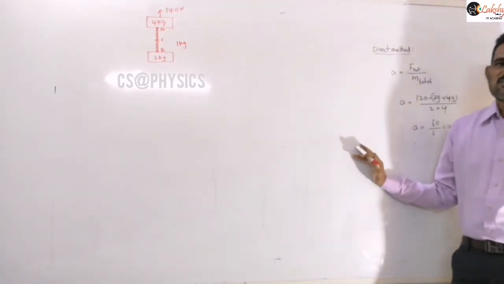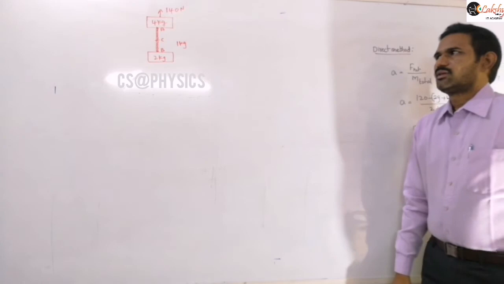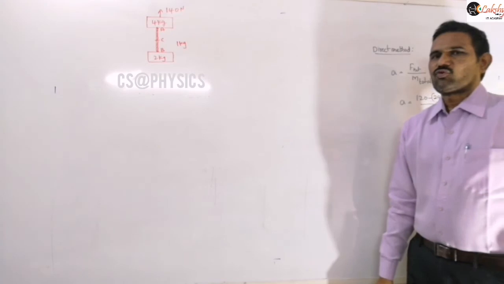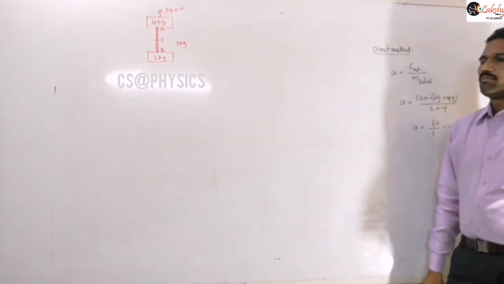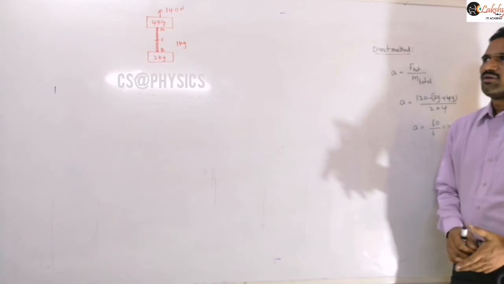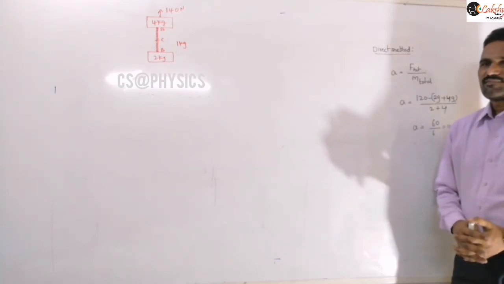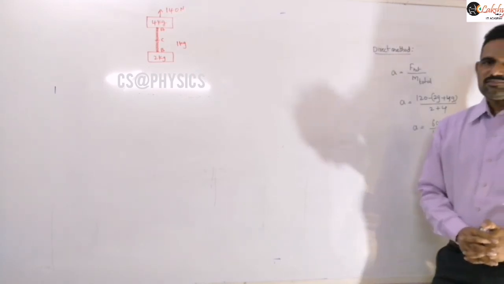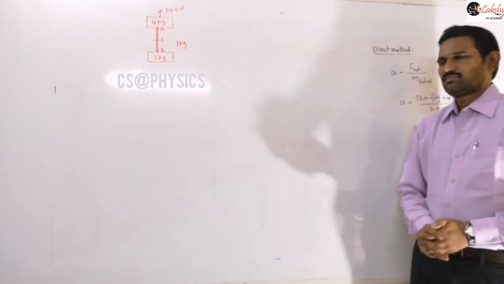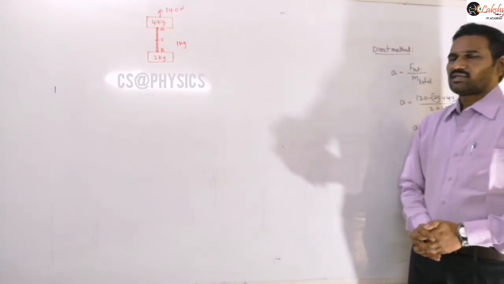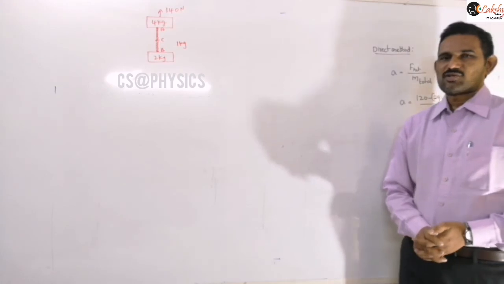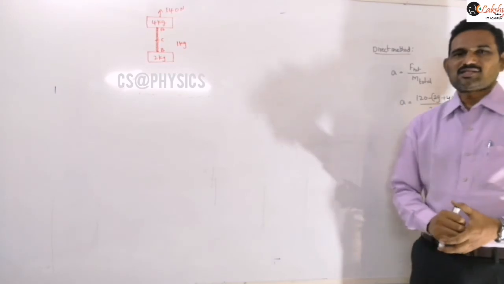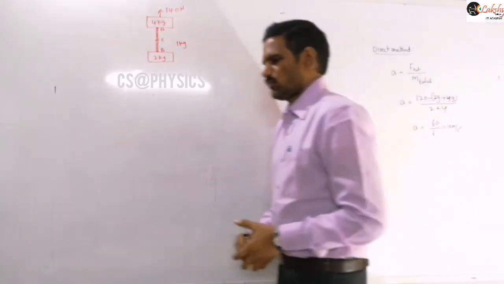The total system is pulled in upward direction by a force of 140 newtons. Find acceleration of the system and tension at the points A, B, C. At C, you may mention that C is the midpoint of the string.